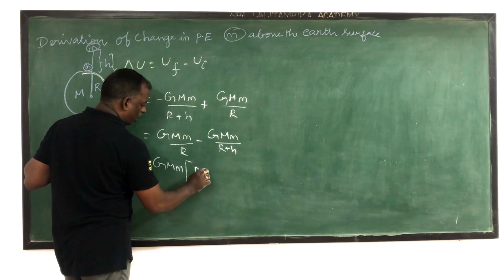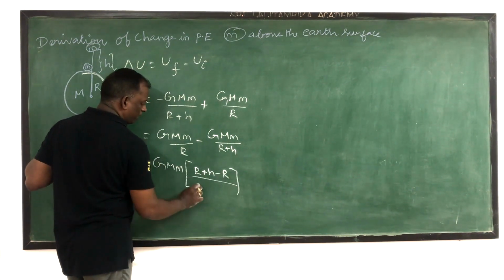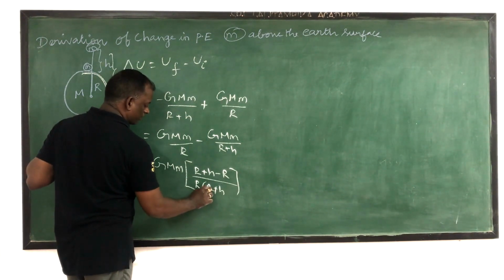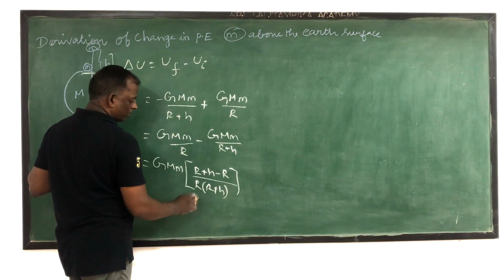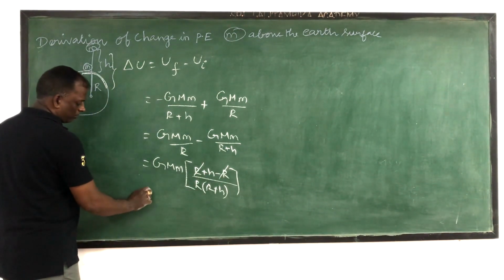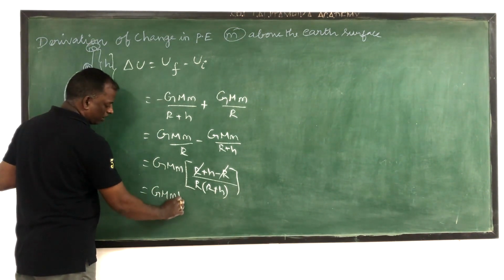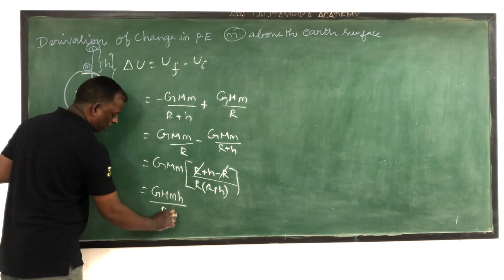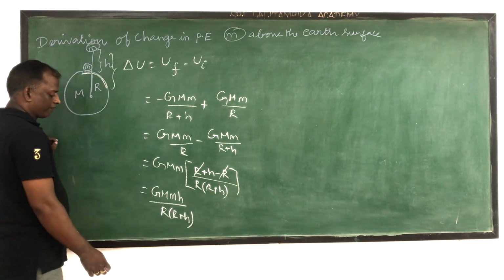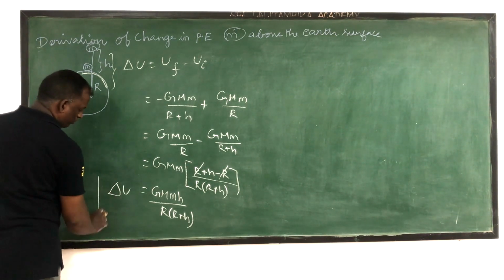It is r plus h minus r divided by r into r plus h. So r cancels, and it is equal to G capital M small m h divided by r into r plus h. So this is delta u.